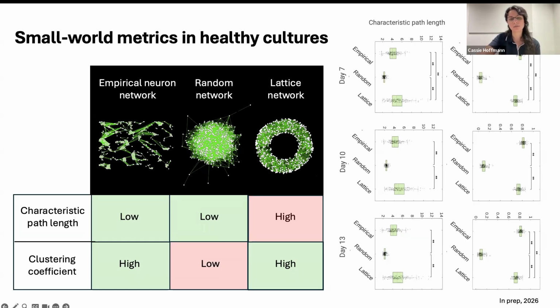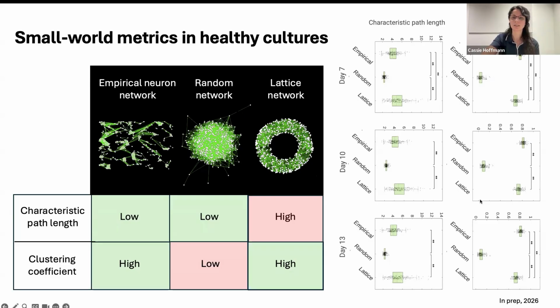Across these first 3 time points, the characteristic path length for the empirical network was equivalent to the random network, as we would expect. And the clustering coefficient was equivalent to lattice networks, which we would expect as well.